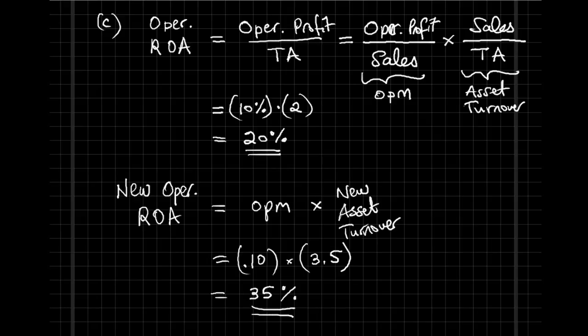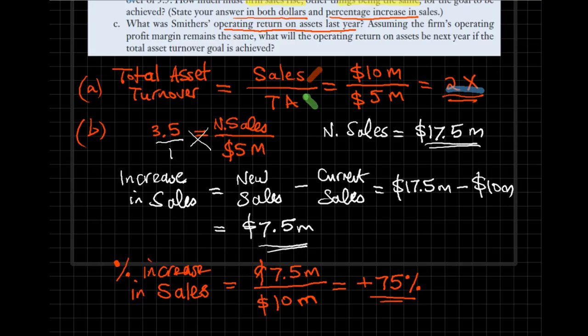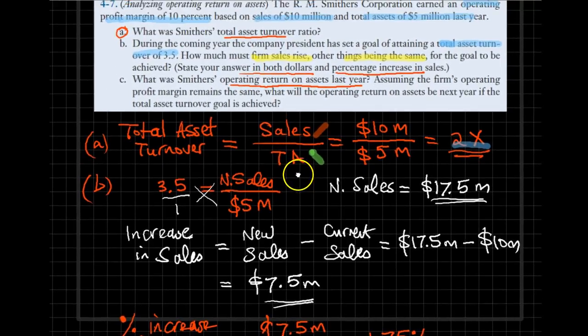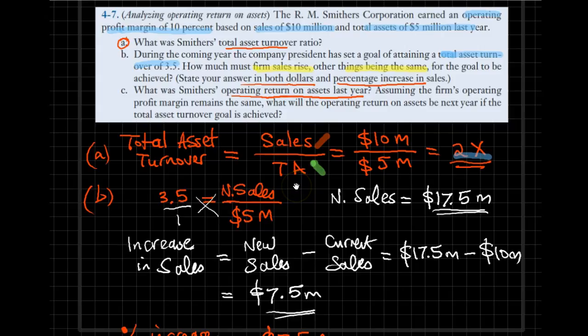And that would pretty much solve the last part of our problem. So we are basically done with the 3 parts of our problem. To summarize, in the first part we calculated the total asset turnover ratio.